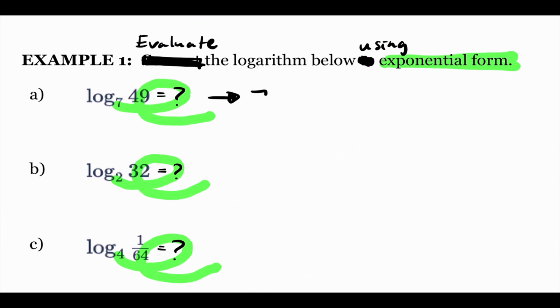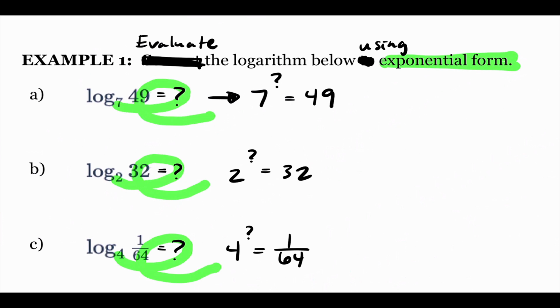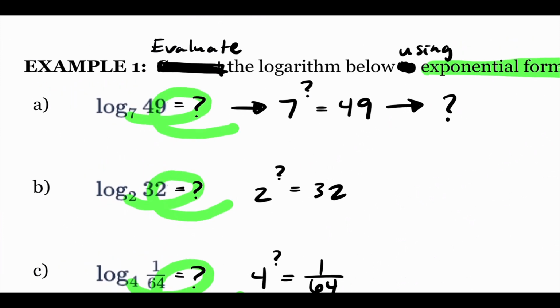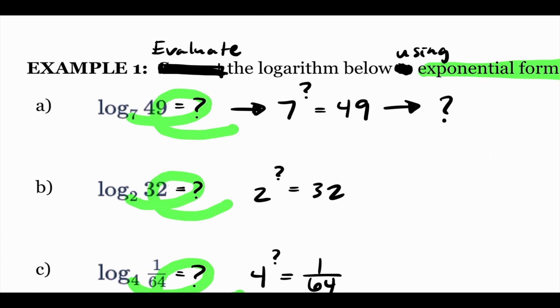Okay? So 7 to some power makes 49. 2 to some power makes 32. 4 to some power makes 1 over 64. So they're all changed to exponent form. Now what I have to do is find the missing part. So the first one, 7 to what power makes 49?